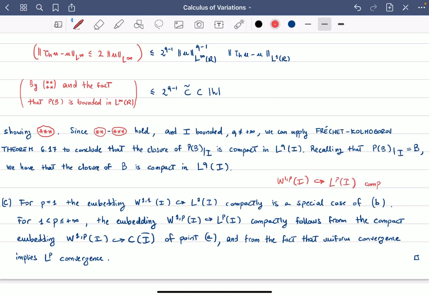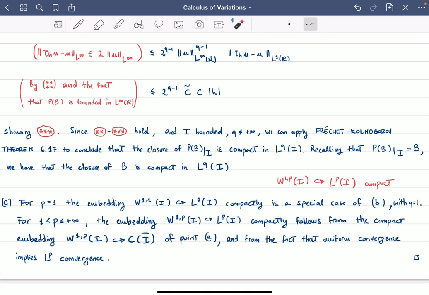Now you see that for P equals to 1, this becomes the embedding which we just showed in point B, sorry, which is actually a special case for Q equals to 1.